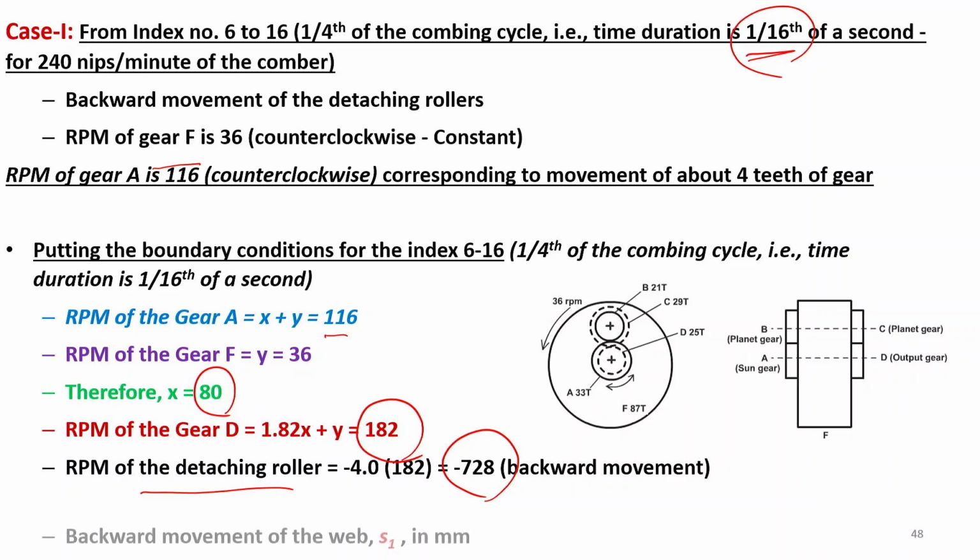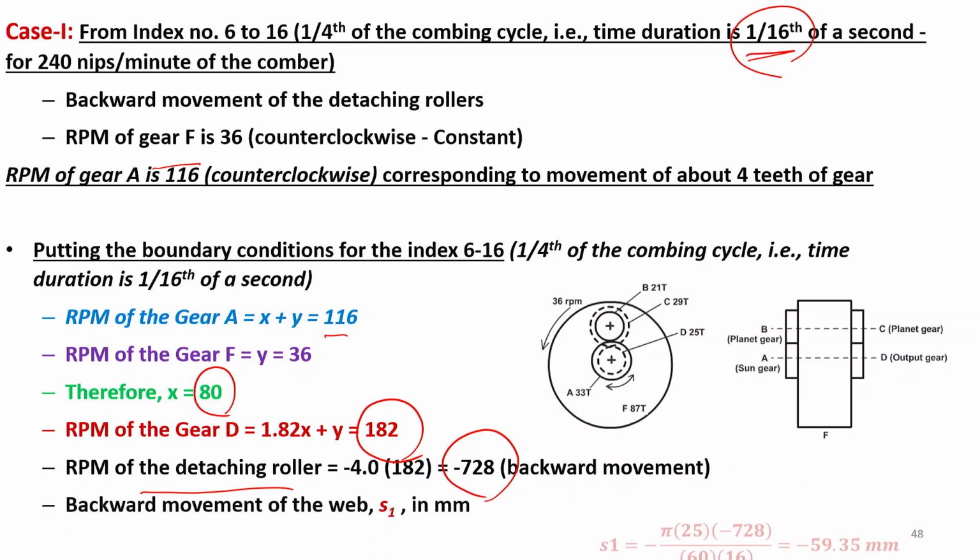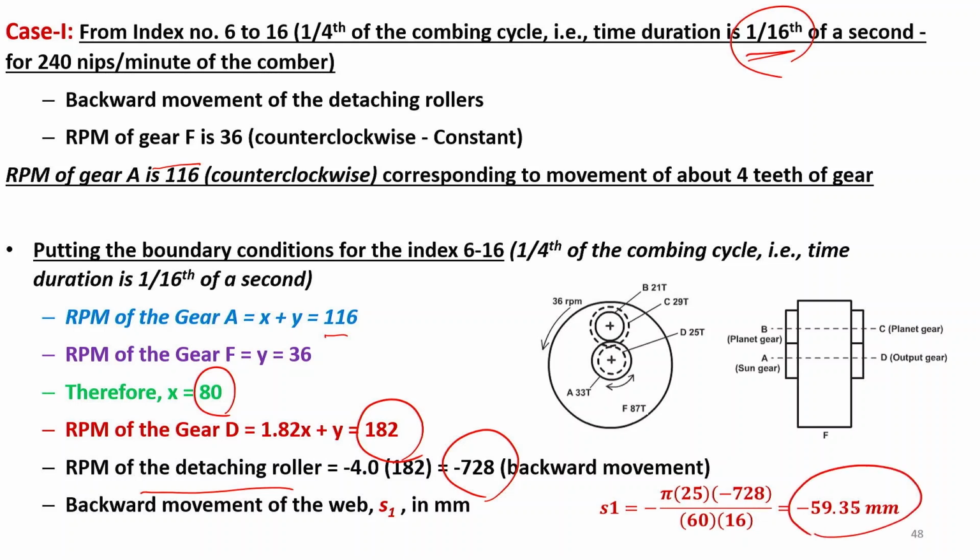From there we can calculate the net backward motion. Net backward movement will be minus 59.35 millimeter. So, this is coming from 1/16 second.